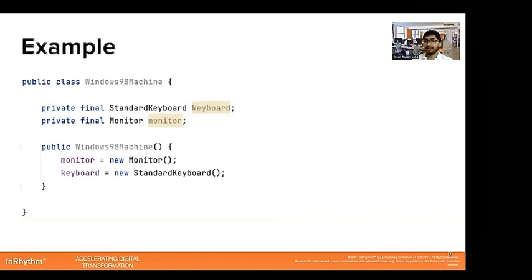Since I have hard coded those, I am tightly coupled with the monitor and the standard keyboard, right? We don't get to change this at runtime. Here we don't get to take advantage of the polymorphism that Java or any other OOP language provides. How do we fix that?